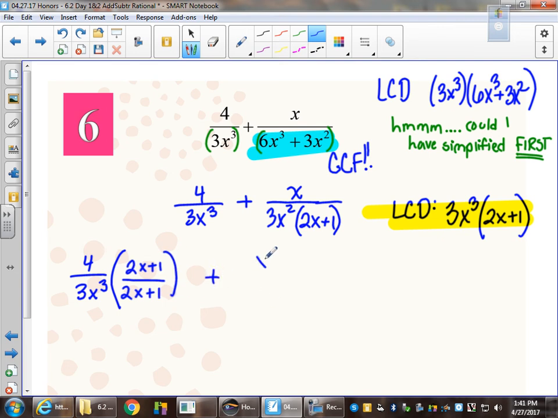For the next fraction, x divided by 3x squared, I've got the 3. I've got 2 of the x's I need. I'm missing 1. And I've got the 2x plus 1. So all I need to multiply this one by is x, and I'm in good shape.